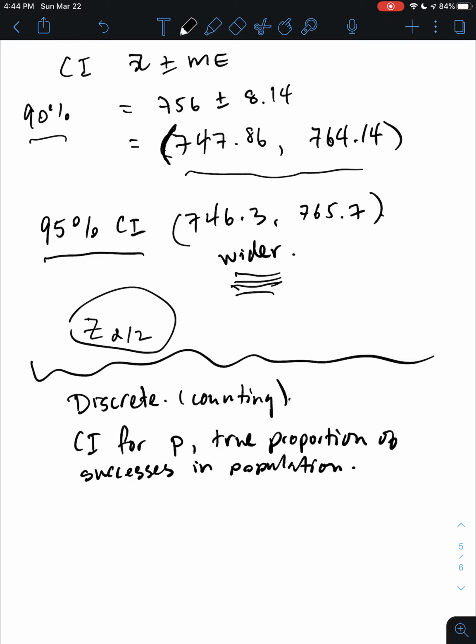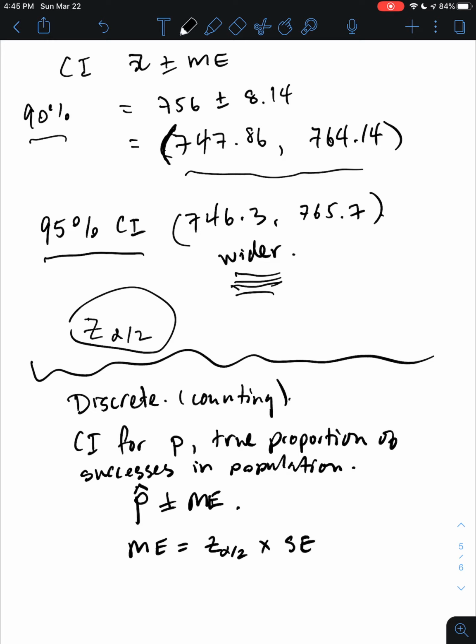And so, following exactly the same reasoning, which I'm not going to bother duplicating, the confidence interval is P hat, which is the sample proportion, plus or minus the margin of error. The margin of error formula is, as before, z sub alpha over 2 times the standard error.